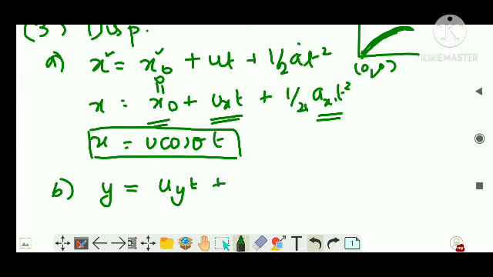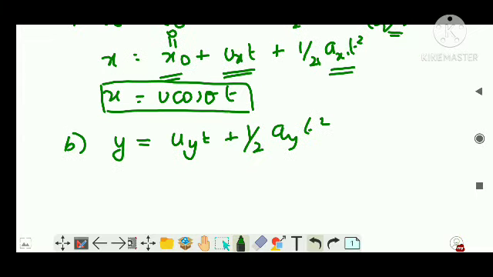Now similarly, if you are asked for y displacement, that is uyt, right? Again, y origin, the initial displacement or position is 0, plus half ayt squared. I will not make the same mistake again. So what is uy? U sine theta, right? Vertical initial velocity into t, plus half ay t squared.